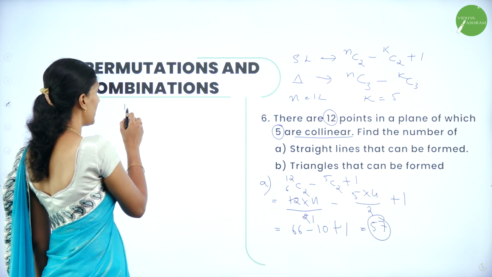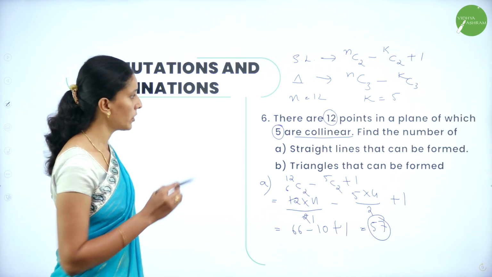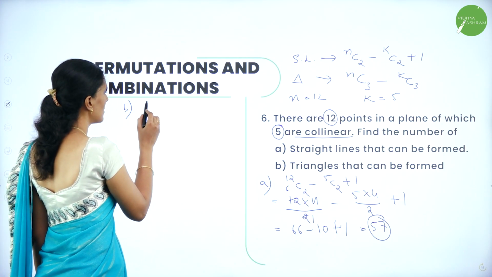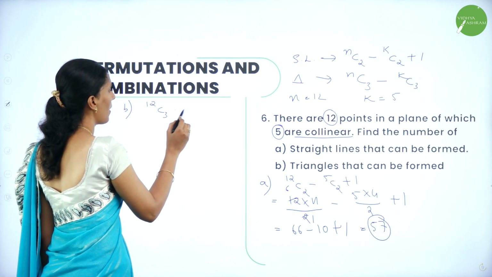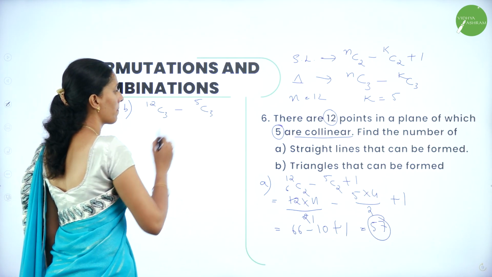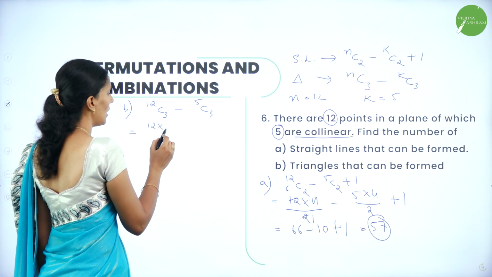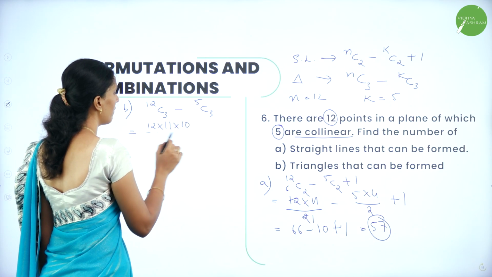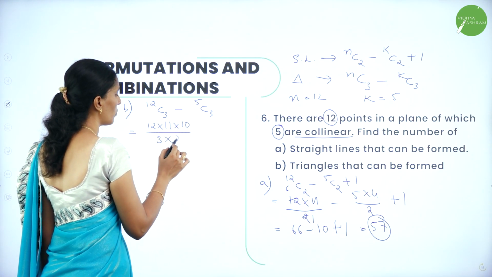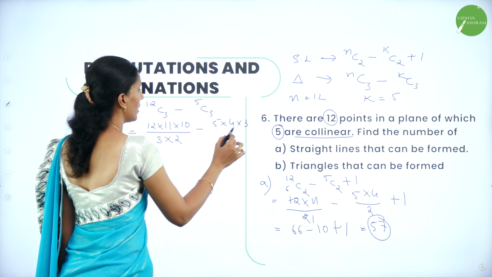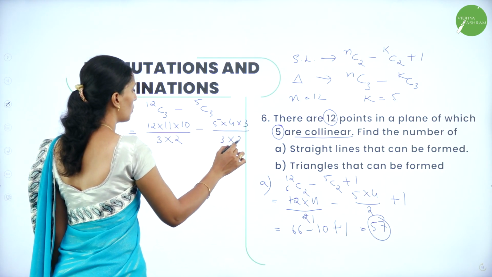Now question B. How many triangles can you form using the same number of points where 5 points are collinear? That is 12C3 minus 5C3. So 12 into 11 into 10 divided by 3 into 2, minus 5 into 4 into 3 divided by 3 into 2.